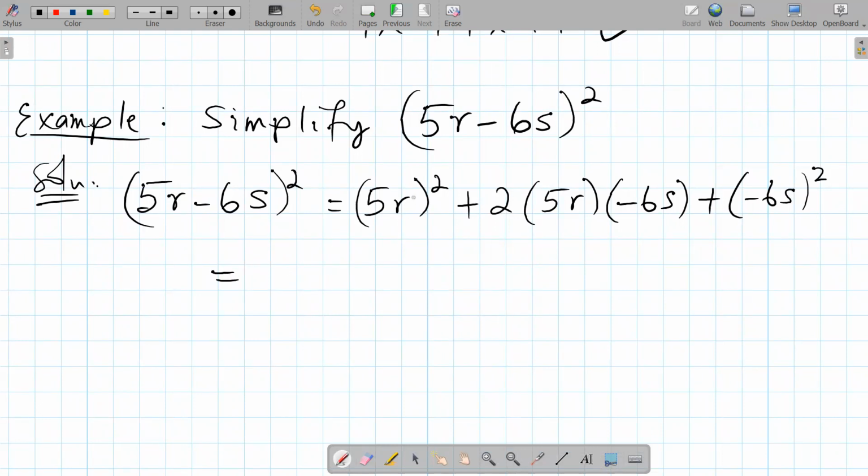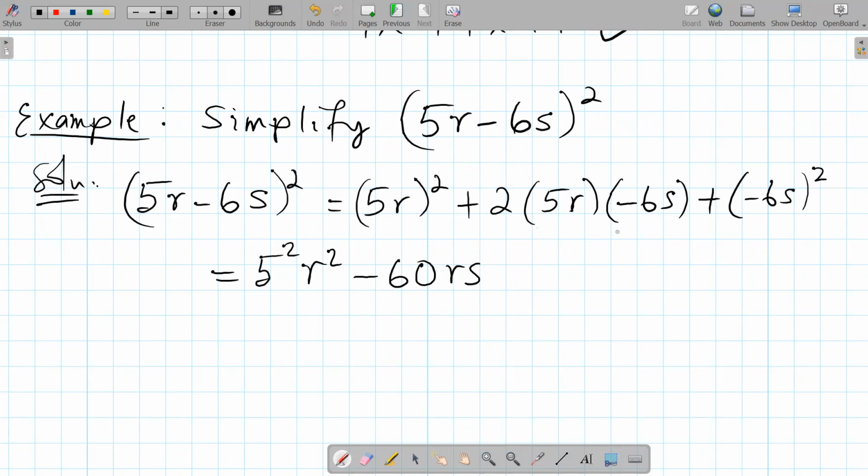From here, we are still using the rules of exponents. These 2 distribute over that. So 5 squared is going to be 25, so basically it's going to be 5 squared, r squared. Over here, we're just going to multiply all the numbers. 2 by 5 is 10, by negative 6 is negative 60. And then we just attach the r and the s.